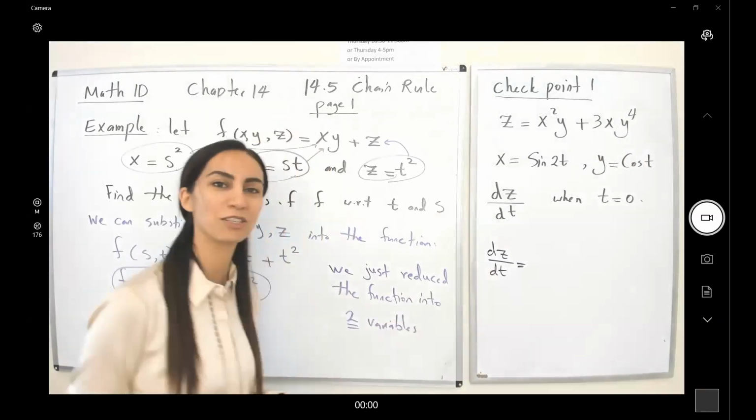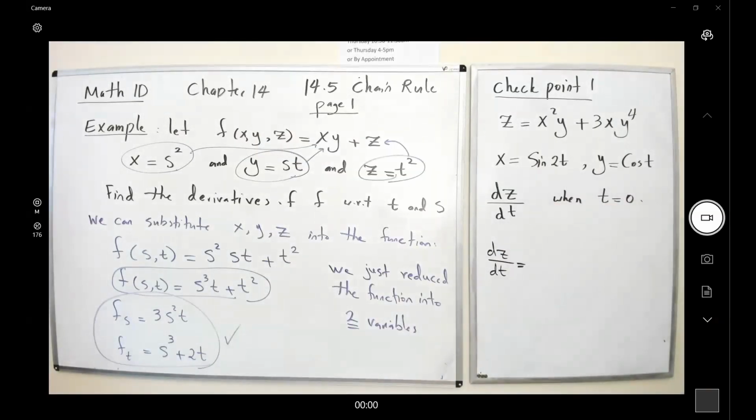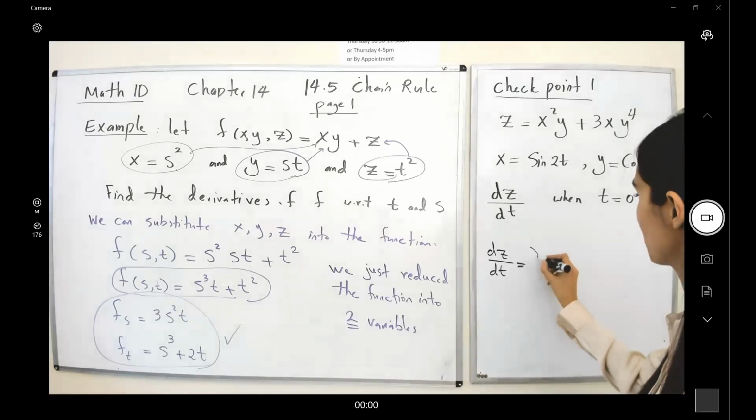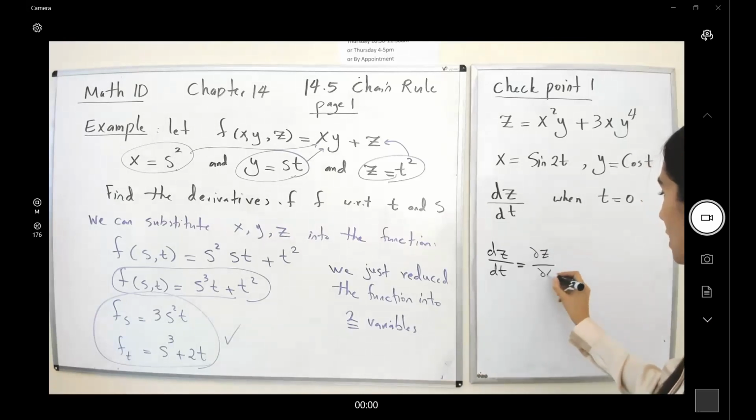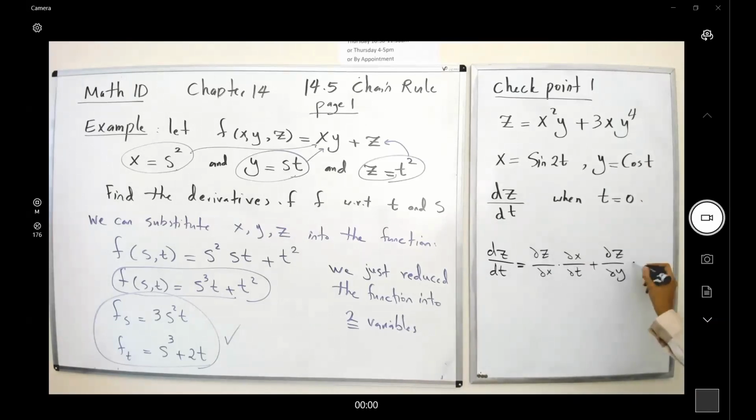So what do you have? dz over dt. Let's use the partial format since we're taking the partial derivatives. dz dx times dx dt plus dz dy times dy dt.